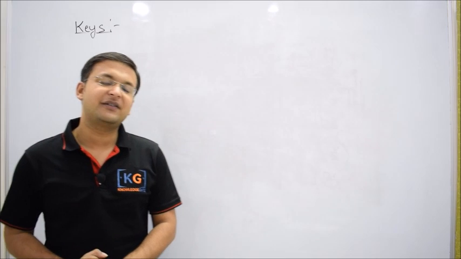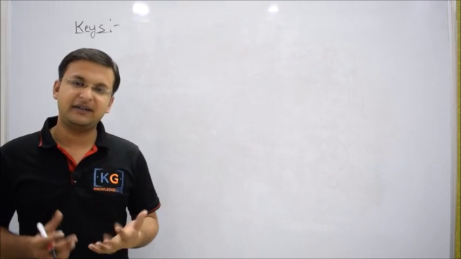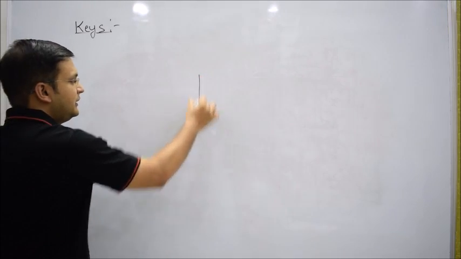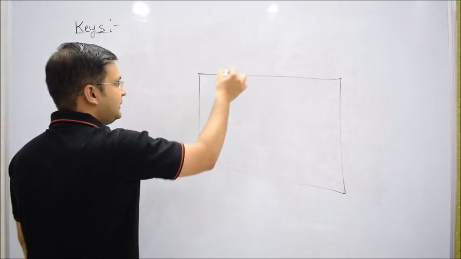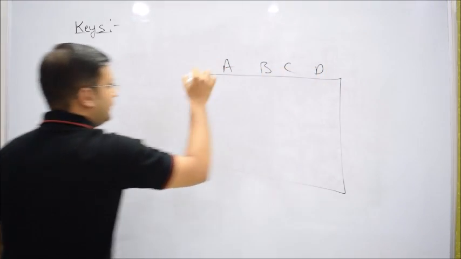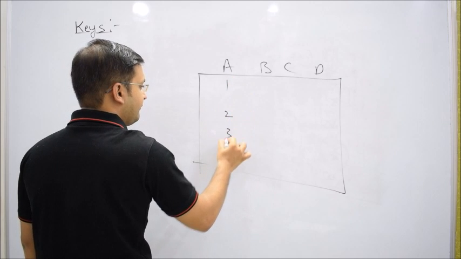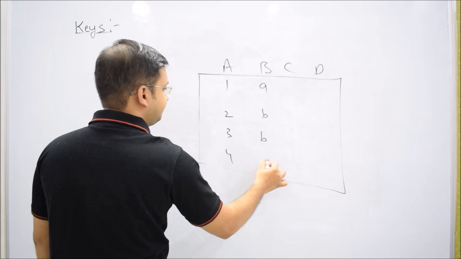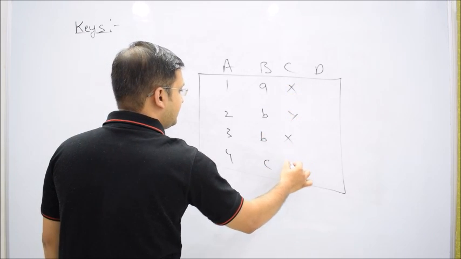Okay, before discussing the types of keys, first let me tell you what a key is and why we require a key. For example, consider a relational table with columns A, B, C, D, and so on, and let me write some random data.